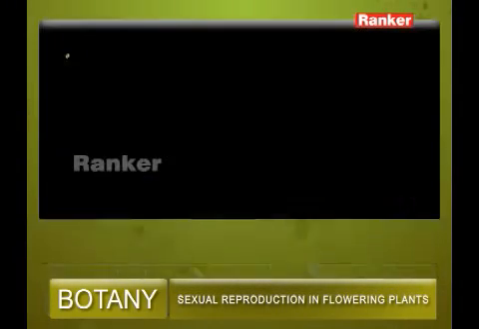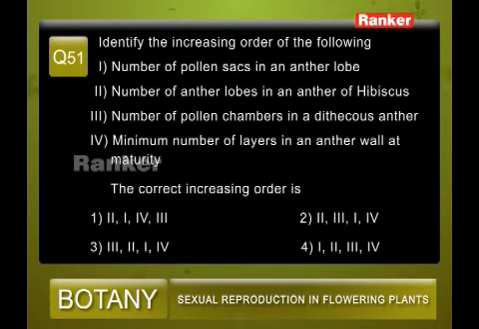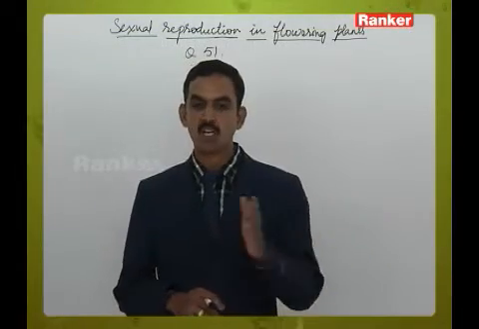Question number 51, identify the increasing order of the following. 1. Number of pollen sacs in an anther lobe. 2. Number of anther lobes in an anther of hibiscus. 3. Number of pollen chambers in a dithecous anther. 4. Minimum number of layers in an anther wall at maturity. So here we have to identify the correct increasing order.